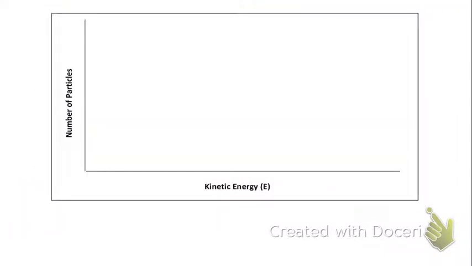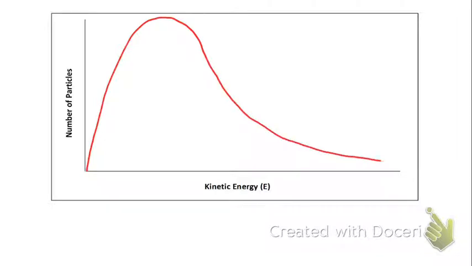All right, so let's use a Maxwell-Boltzmann distribution curve to explain our understanding of how temperature affects the rate of a chemical reaction. So you should be very familiar with these. So let's do this. All right, there's a Maxwell-Boltzmann distribution curve. We're going to say at a high temperature for a particular system or chemical reaction.